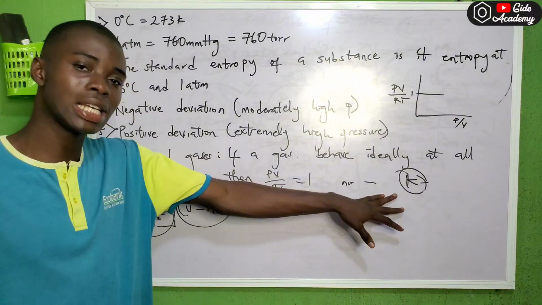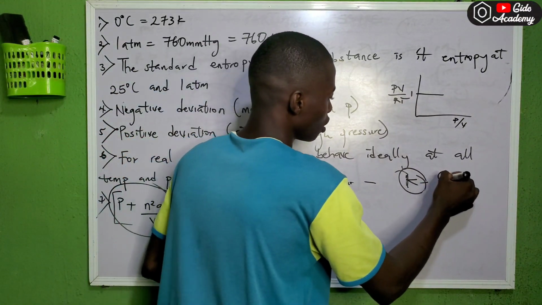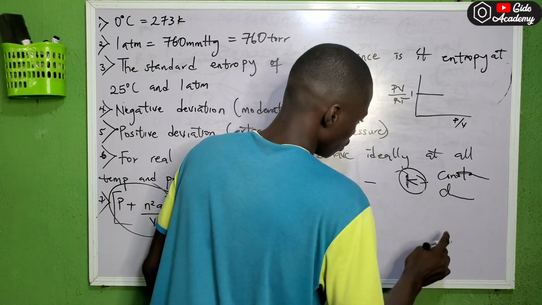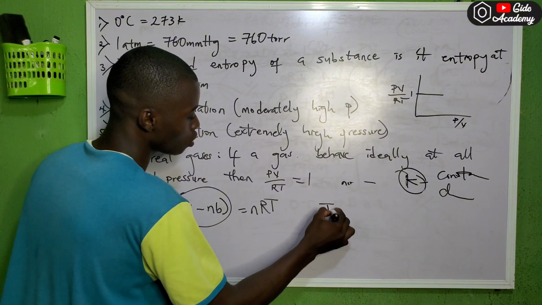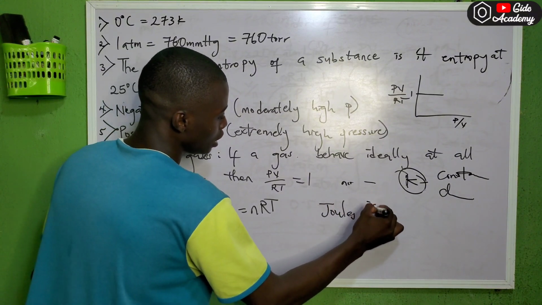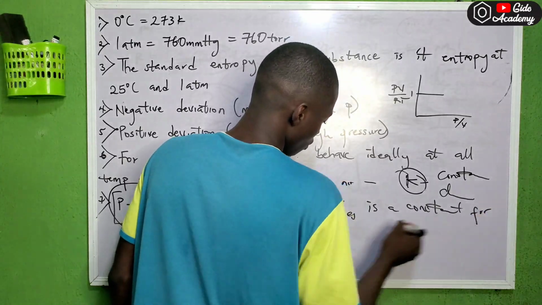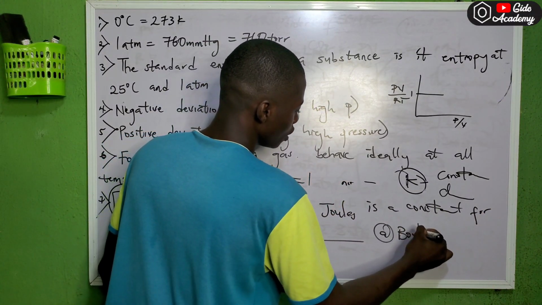But for the classes I'm beginning to use now, go to the comment section. What is the constant for Boyle's law? What does it signify? What is the constant for Charles's law? Or to make the whole thing easier: K is a constant for dash. Option A, Boyle's.